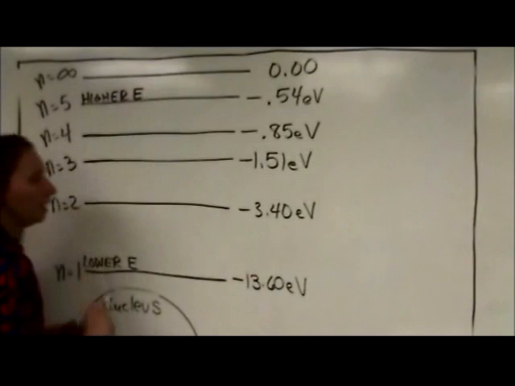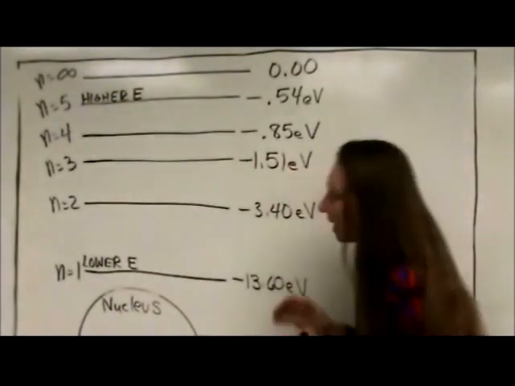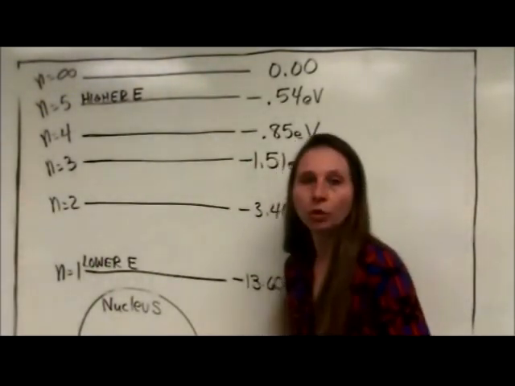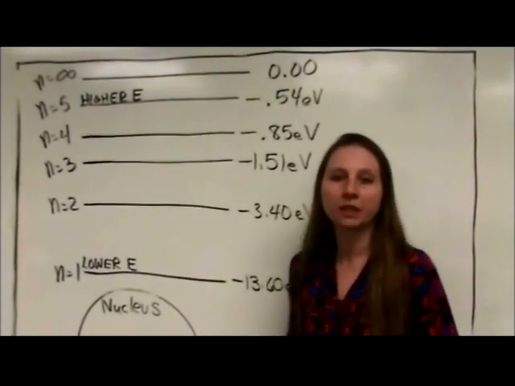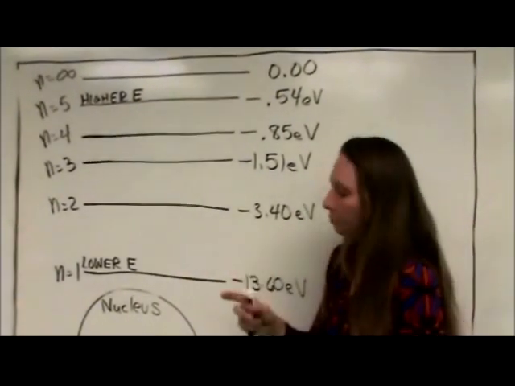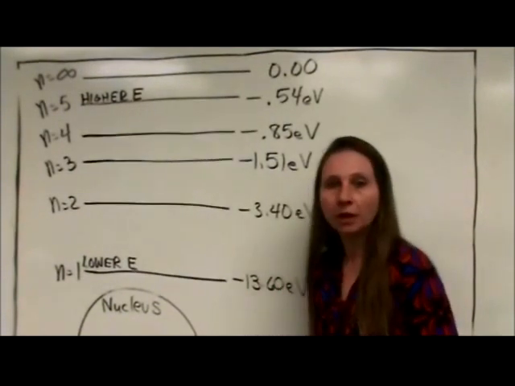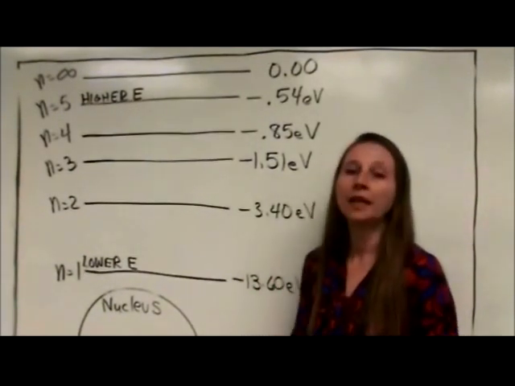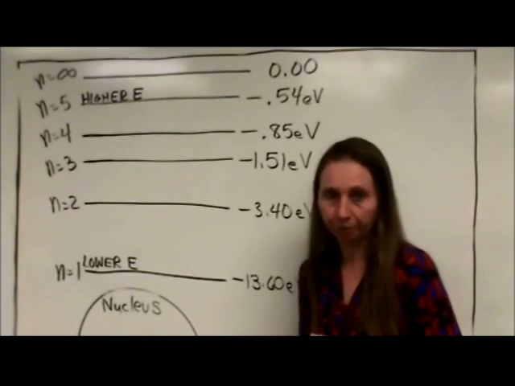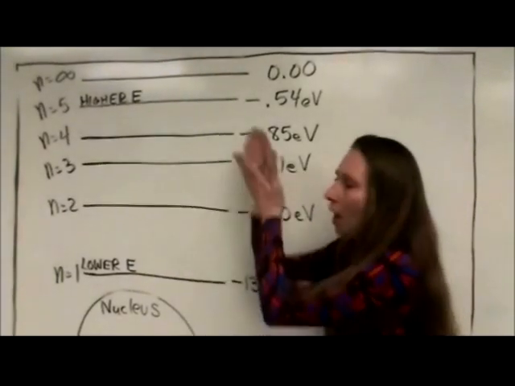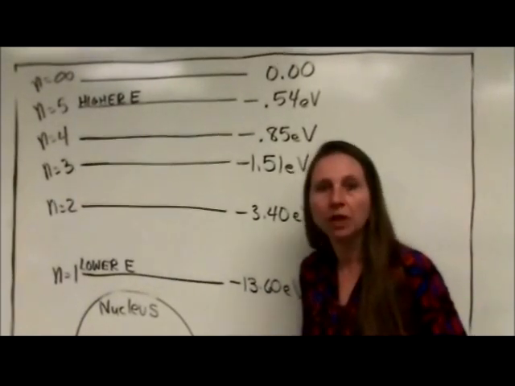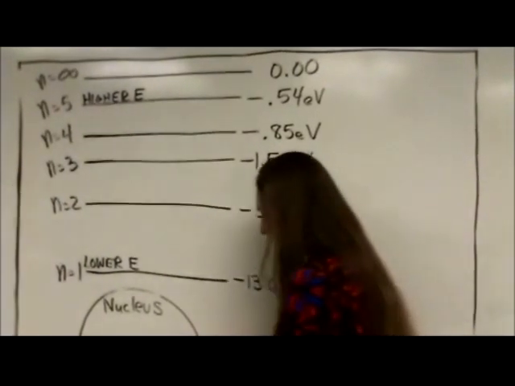Now, an atom or its electrons can absorb different types of energy. They can absorb electricity, they can absorb heat, they can absorb photons. When they absorb energy, they jump to higher energy levels, and we say that the electron is excited.